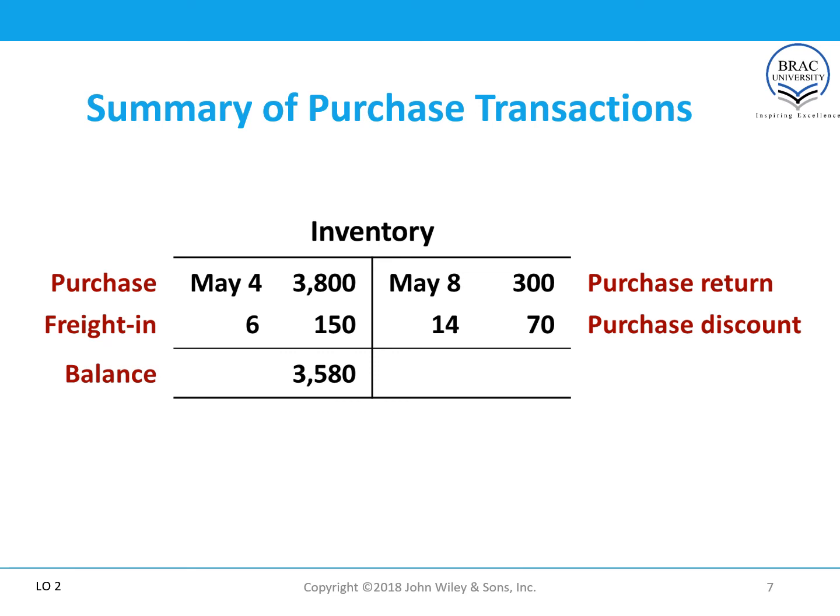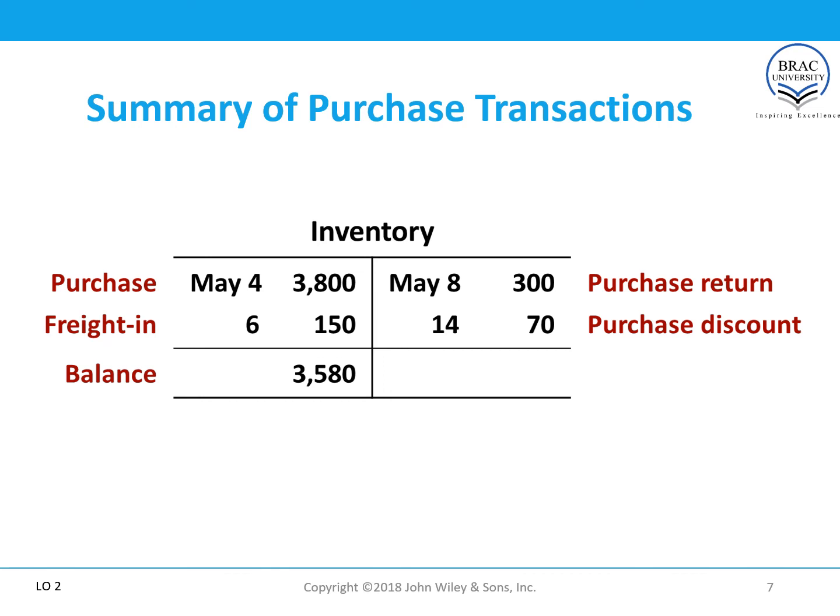Secondly, on May 6th, SOG Stereo had to pay for the freight charges, and as the purchaser, they considered the freight cost as part of the cost of purchase of inventory. So they debited the inventory account on May 6th by $150, the freight charge. After that, on May 8th, SOG Stereo returned some of the goods due to poor quality, and since the inventory was returned, inventory was reduced by $300, so it had to be credited in the inventory account.